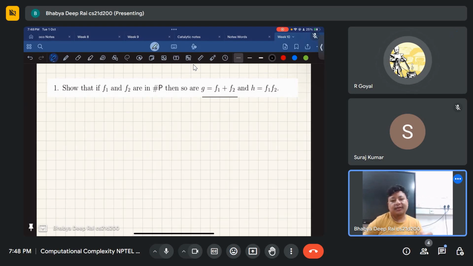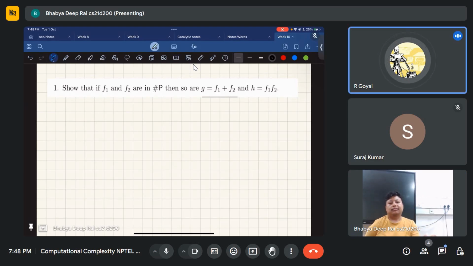On adding, that seems to be straightforward, because if f1 is in Sharp-P, then non-deterministically I can have those many accepting paths.